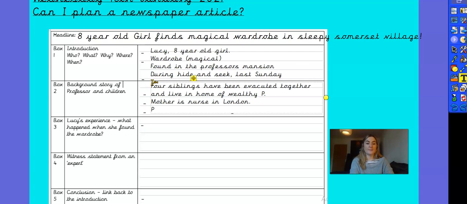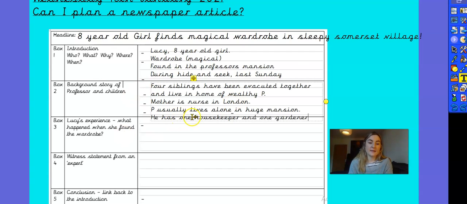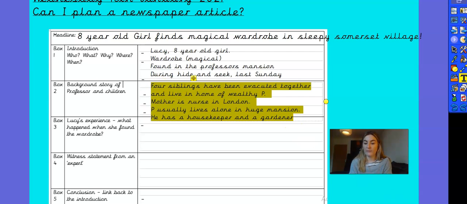Now, professor usually lives alone in huge mansion. I might say he has 1 housekeeper and one gardener, because that gives a bit of information as to who usually lives with the professor.